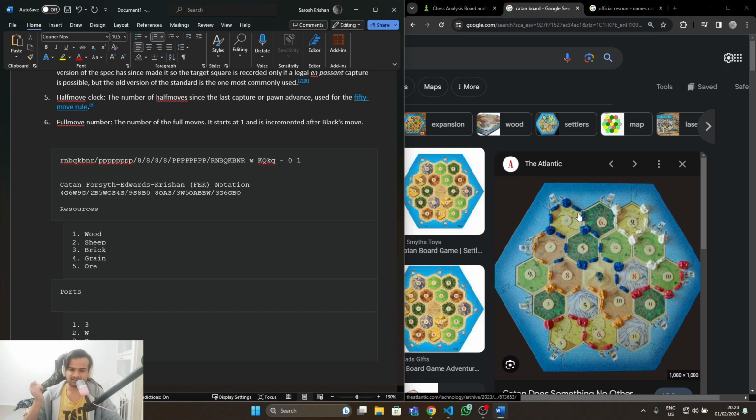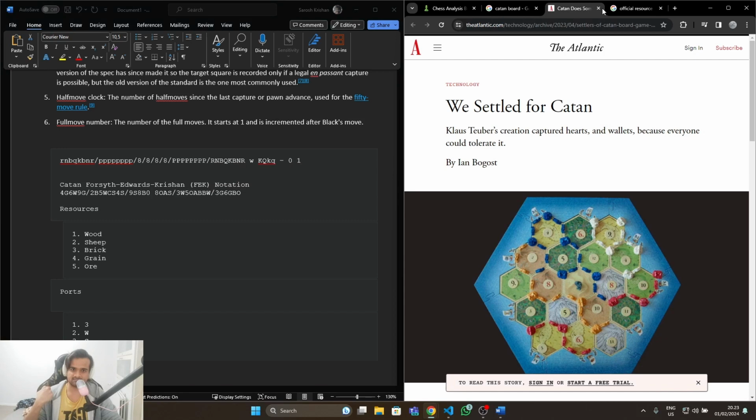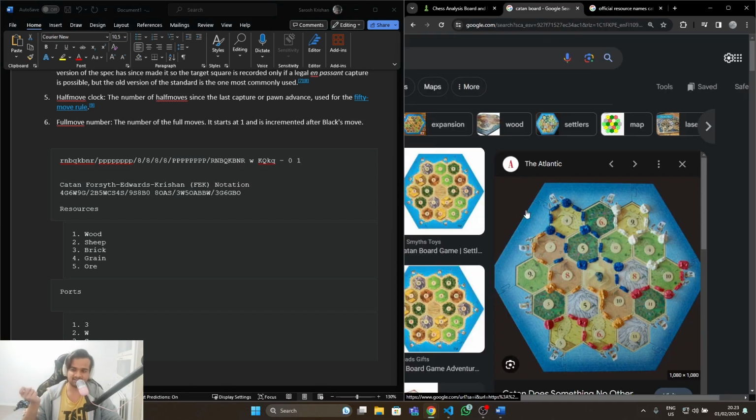But it's not going to be for every tile, because not every tile has a port. So the ports are going to be for the whole ranks that we defined here. The ports are always at the edges of the board, which means they're always going to be at the ends, and there's only ever a maximum of 2 ports per rank, so there's never going to be 3 ports in any rank.